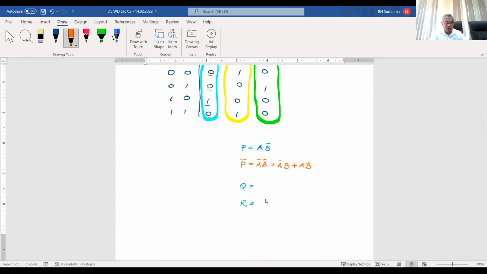Only writing the equation for P is enough. This is additional information. If you want, you can write the equation for P bar also, but then you have to consider zeros. Here we are considering ones, so we are writing equations for P, Q, R, not P bar, Q bar, R bar. Ajay, is it okay? Did you understand?